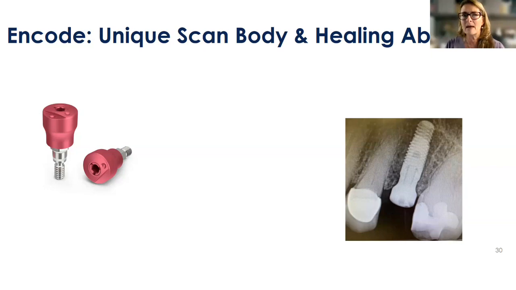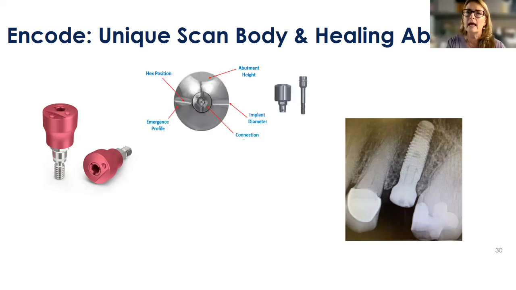It has a pink matte finish to make it a little bit easier for scanning, and it makes it a little more aesthetically pleasing for the patient when they're in the process of healing, right? So it doesn't show up bright and reflective like a metal healing abutment would.